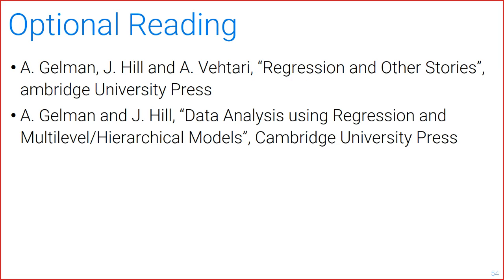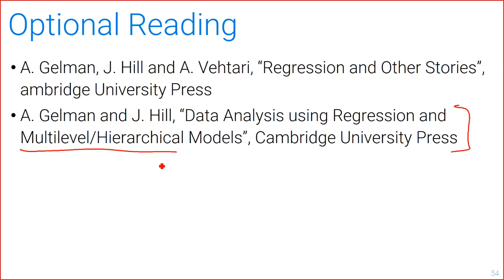So how to deal with those problems in regression. And if you want to keep reading about regression models, I can suggest these two books. This one here is a kind of older book. They're by the same people, as you see. But the good thing about it is that it talks in length about multi-level and hierarchical models. If it's something that you might be interested in reading about, this is a very good book.